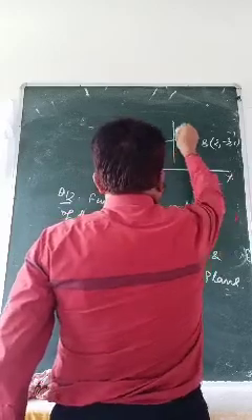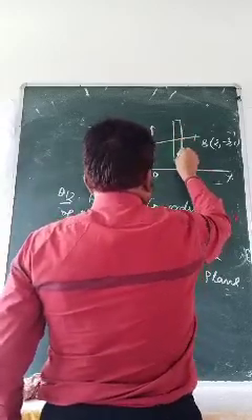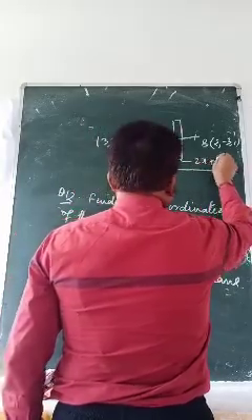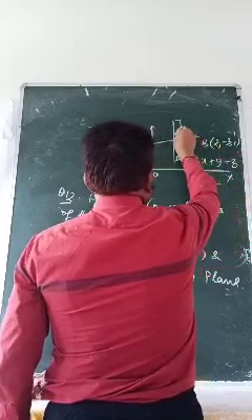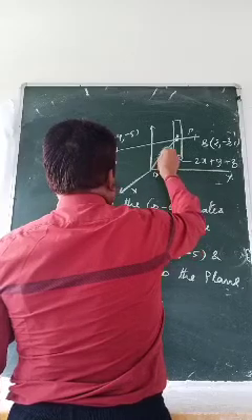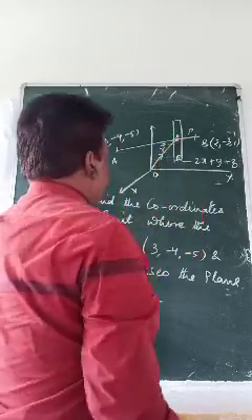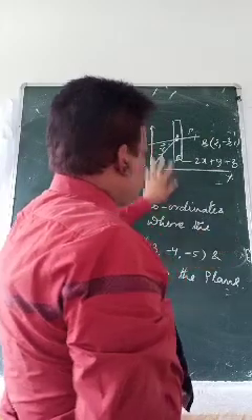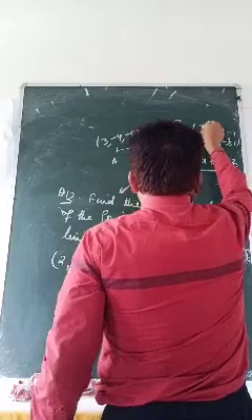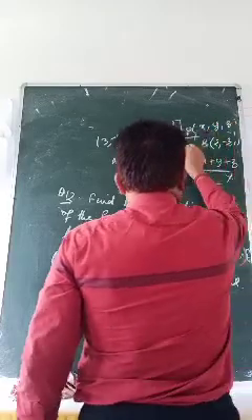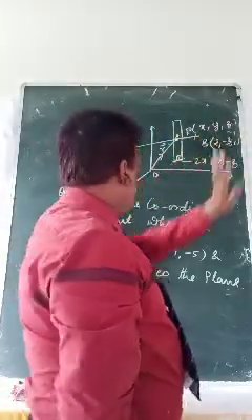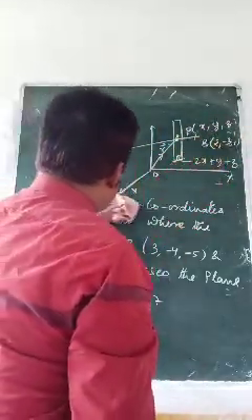There is another plane here, this is 2x + y + z. Suppose P is any point. If you join this, this is your R vector. What will be the coordinates of a point here? Any point in space will be (x, y, z). Now tell me, same method.